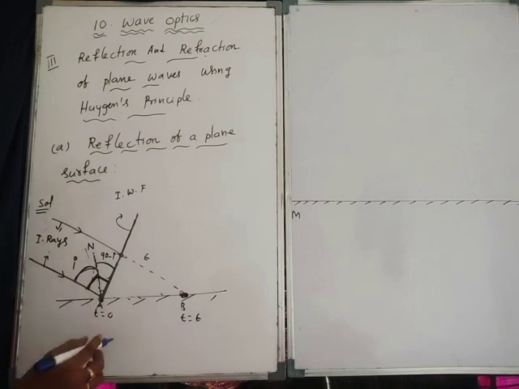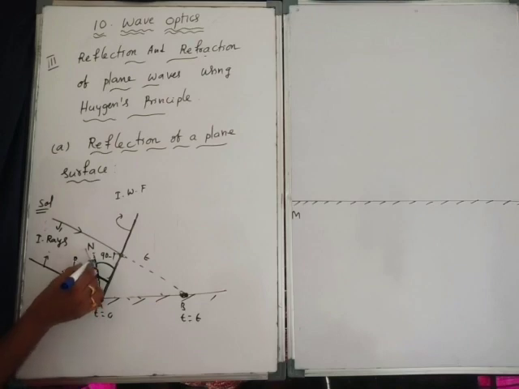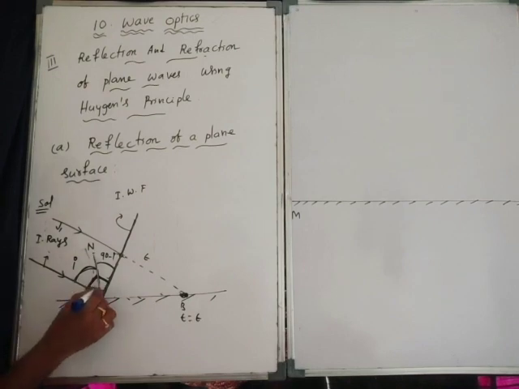Then next, from the normal to the plane surface, how much? 90 degrees. Correct or not?